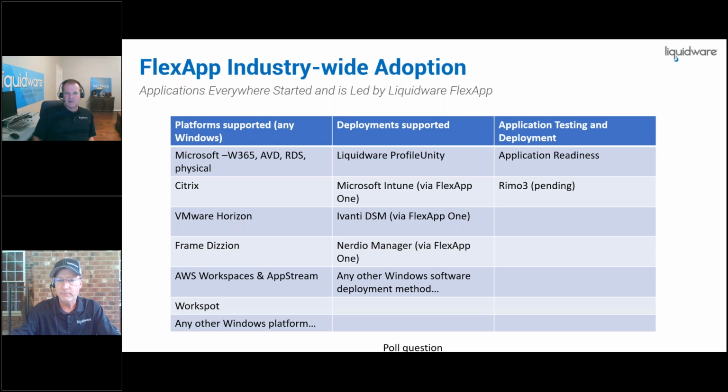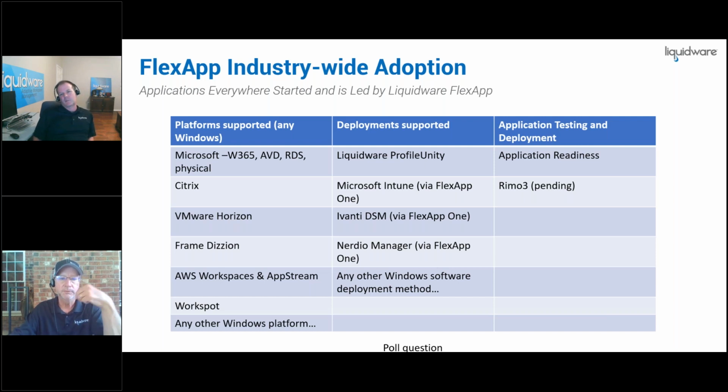And that is just, we invented apps anywhere is what I'm getting to, apps everywhere. The ability to run, and we've always been this way. So we run across any Windows deployment. All those are listed there on the left and more down there at the end, any Windows platform. The way to deploy FlexApp is now with FlexApp One greatly enhanced.